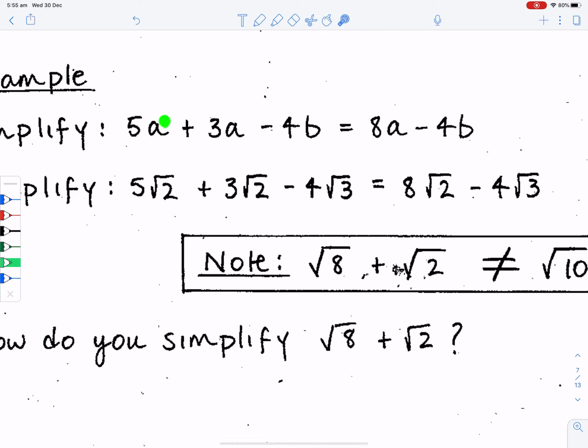So what we do is we say 5a plus 3a is 8a, and minus 4b is on its own. So to simplify all of this, it's going to be 8a minus 4b.